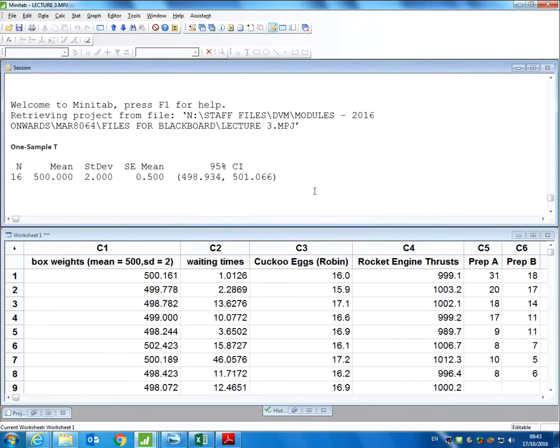The important thing is always being able to interpret output. So take a look at this output here, and I want someone to help me interpret the numbers in brackets, because that's the confidence interval. What is the interpretation of those 2 numbers in brackets?